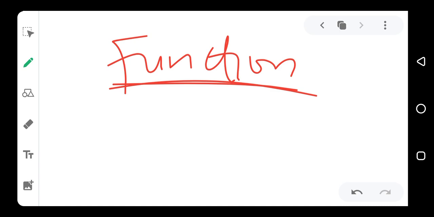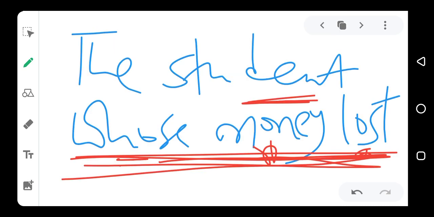That means that an adjectival clause qualifies a noun or a pronoun in the sentence. For instance, in this sentence, this adjectival clause is qualifying this noun student. It's telling us more things about this student. The student whose money lost.